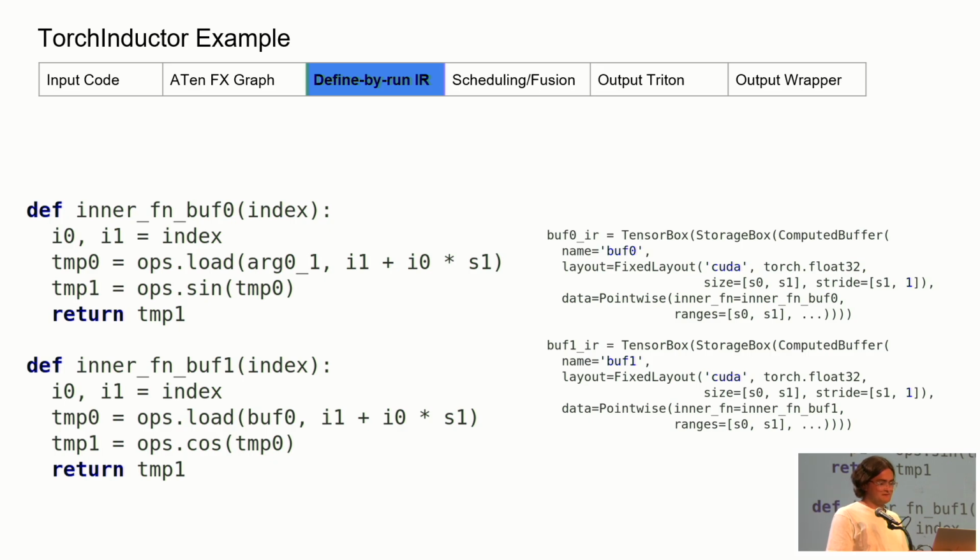We also have this global ops variable, so ops.load, ops.sin, and we repurpose that to do analysis on various buffers. We globally reassign ops in order to do analysis on memory reads or writes and value ranges, and then finally codegen, where ops.sin corresponds to triton.language.sin. And if you were to compose two IR nodes together, you would create a lambda that would call one inner function and then the other.